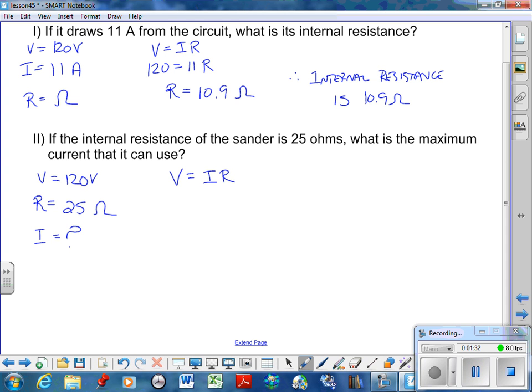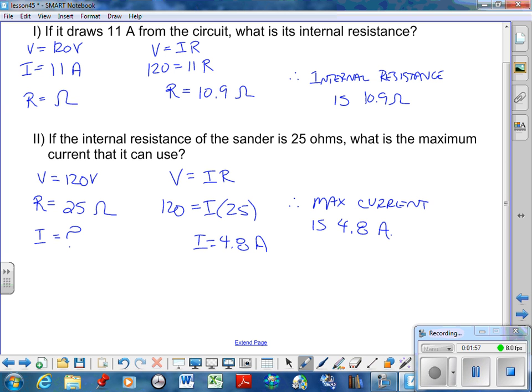So your voltage is 120, current is unknown, and your resistance is 25. So 120 divided by 25 gives me 4.8 amps. So therefore, max current is 4.8 amps.